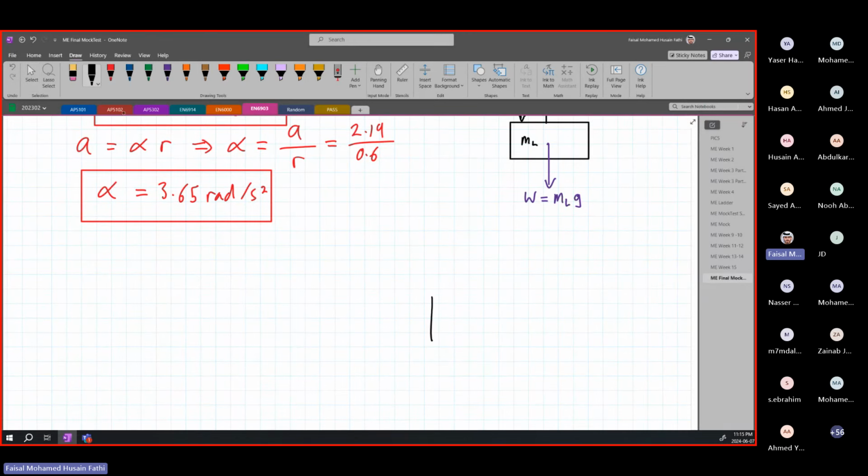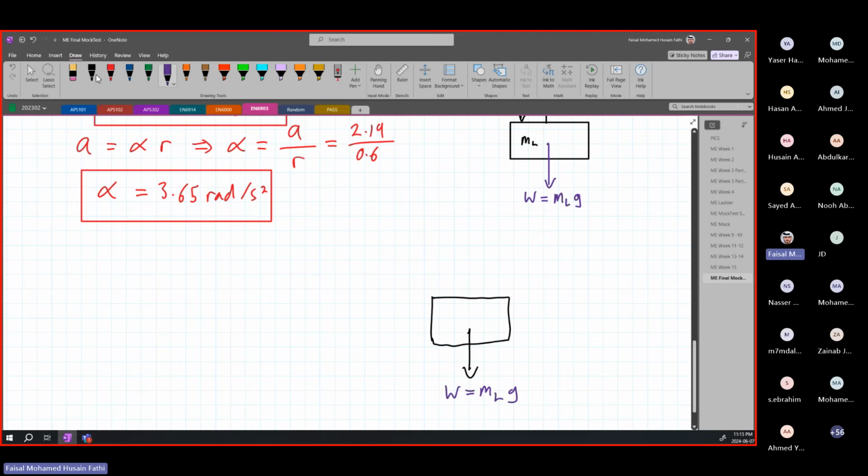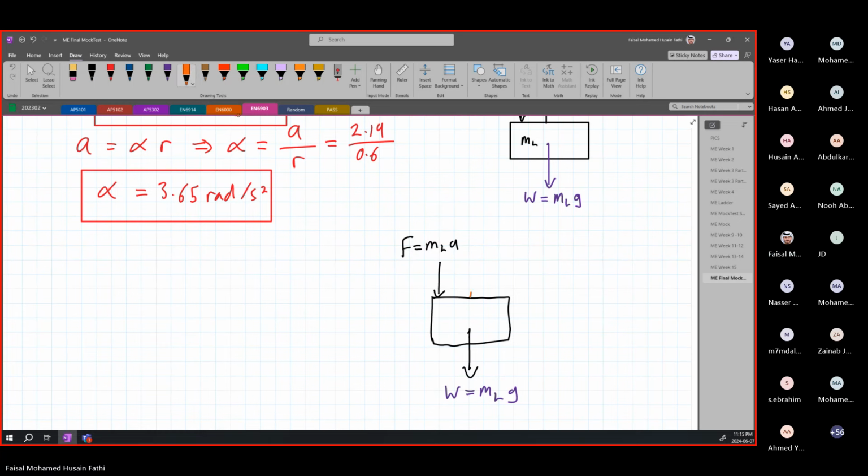If I just draw it really quickly again, just the load, we're going to have weight going over here. This is W equal to mlg. We have our inertial force over here, F equal to mLa. And then we're going to have our tension E over here.